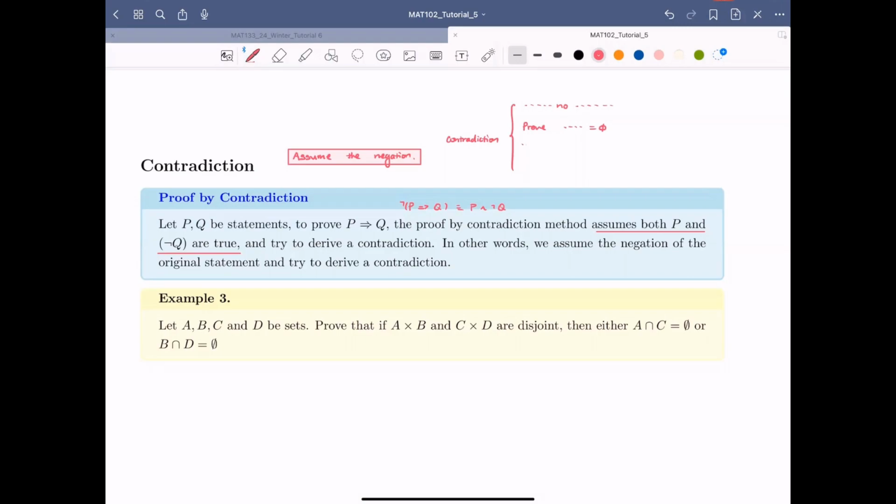Something else will be prove something is infinite, or infinitely many solutions, infinitely many primes, something like that. Why do we use contradiction? Because infinity is hard to deal with. But if you suppose the opposite, which is finite, that's a lot easier to deal with. So contradiction is usually used when you have something hard to prove.